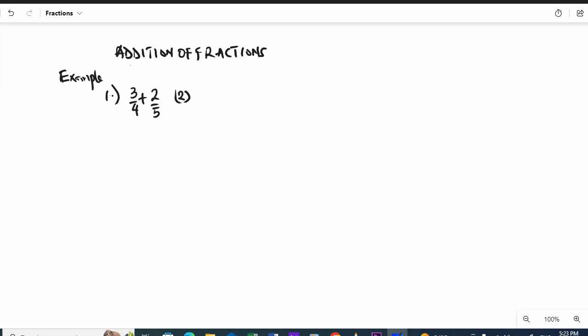The second will be 5 over 6 plus 2 over 3. The third will be 4 over 3 plus 3 over 5. Okay, so we get right into the solution.